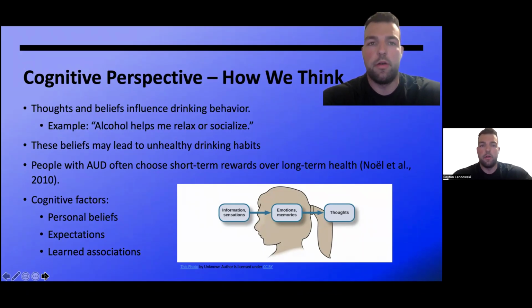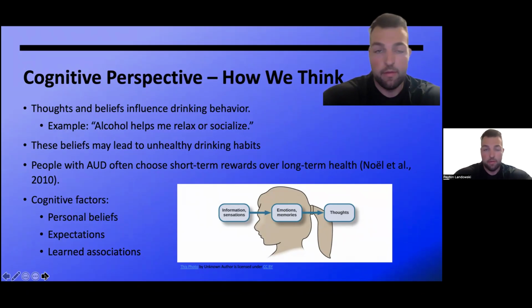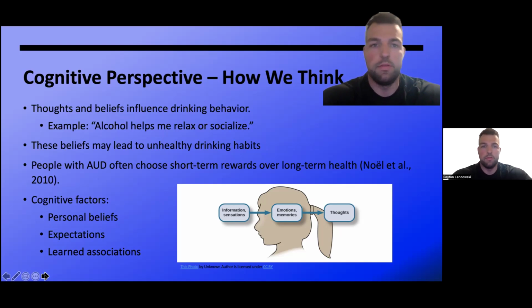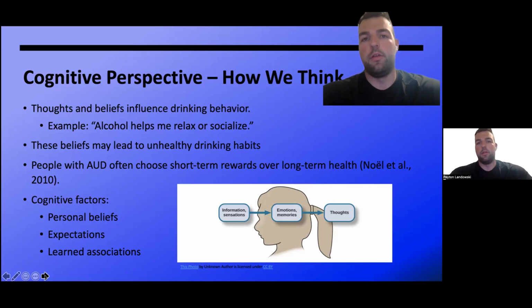Those that suffer from alcohol use disorder often prioritize short-term benefits over long-term consequences, which can ultimately affect a person's longevity and ability to recover. This perspective takes into account subjective ideas and thoughts that influence behavior, such as personal beliefs, expectations, and learned associations about alcohol, all of which shape how individuals respond to drinking situations.